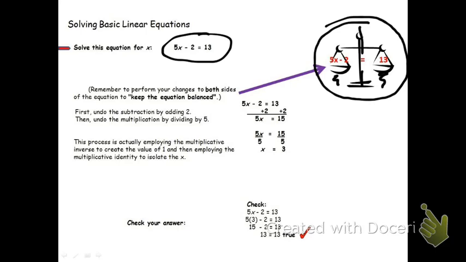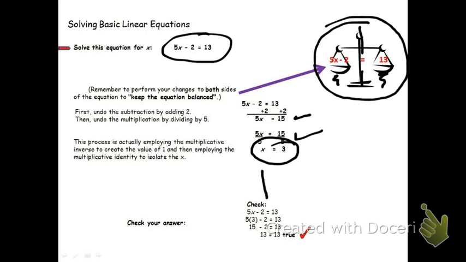So as we work through this problem, you notice what they've done here: 5x minus 2 equals 13. We add 2 to begin with to get rid of the negative 2, and then we divide both sides by 5 to get rid of the 5 times the x. And there's our solution: x is equal to 3.